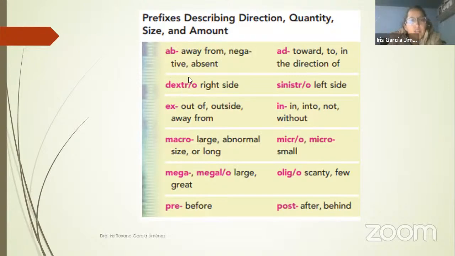Ab, dextro, ex, macro, mega, megalo, pre, ad, sinistro, in, micro, oligo, and post. Of course, there are so much more that we are going to find during the course and while reading articles and books, but that's the idea we must get, okay?